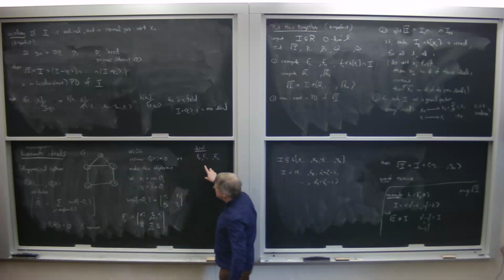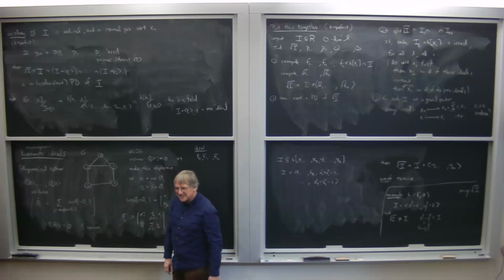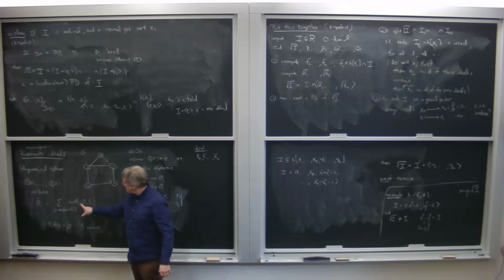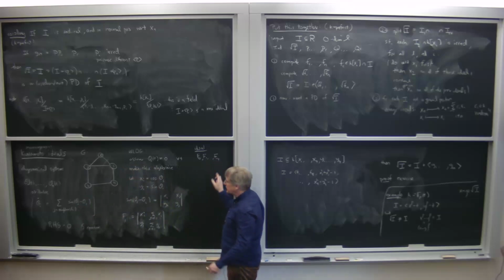By the way, notice that if I add up all of these, there's a sine of theta j minus theta i here, but in the jth one I have the opposite. They cancel. So in fact, the sum of all these polynomials is 0.